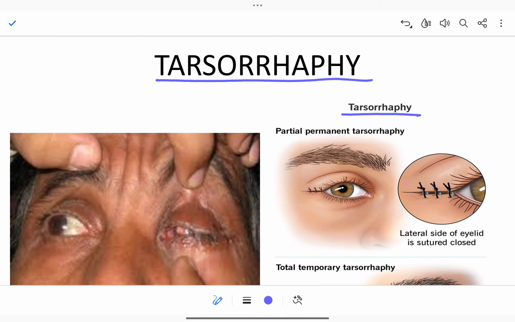This is tarsorrhaphy, partial permanent tarsorrhaphy. Generally the lateral side of the eyelid is sutured closed. See, partial.